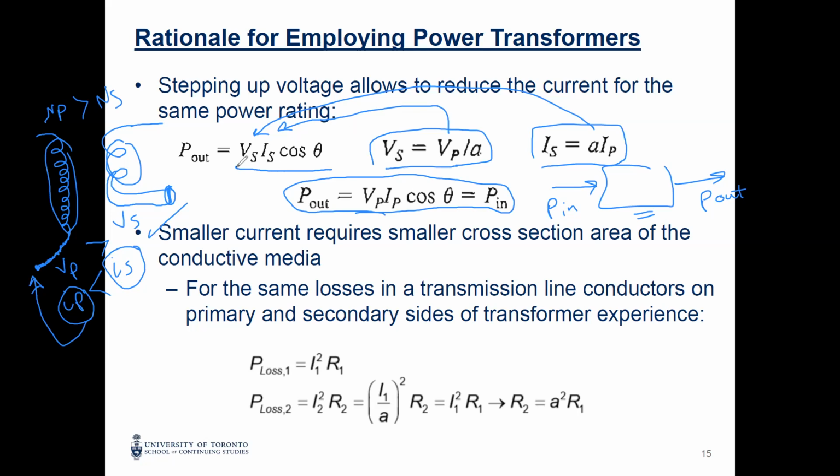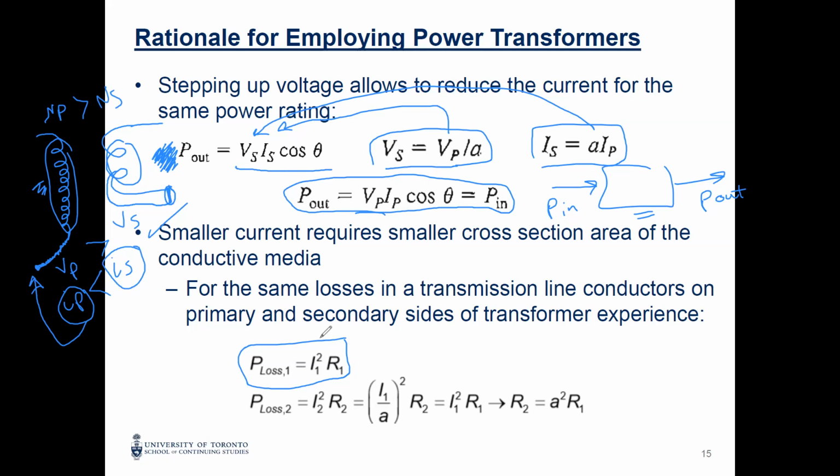However, let's talk about losses now. It's not ideal anymore, but just for clarification, if you move your losses to this point, you will see that it's the same. This is the losses in the primary, number one. Number one means primary, number two is secondary. So I1 squared R is the active power losses in the primary.